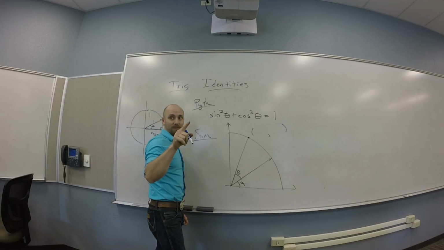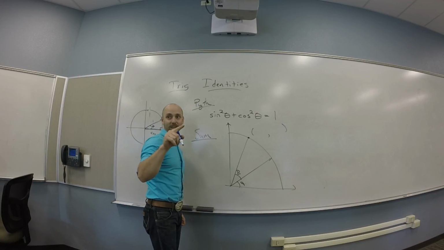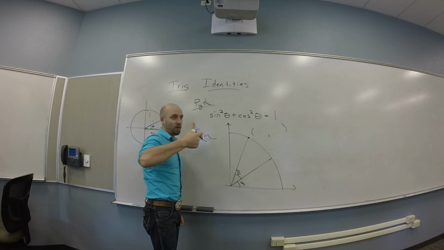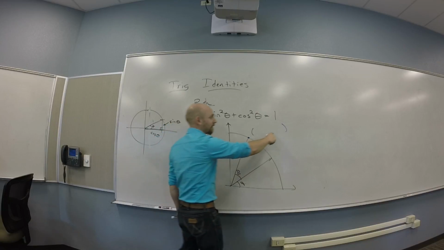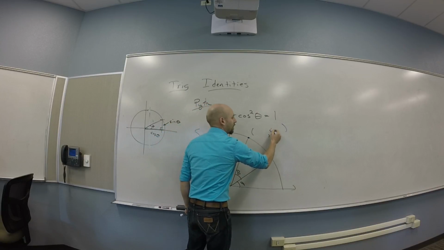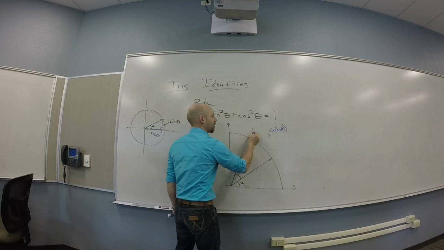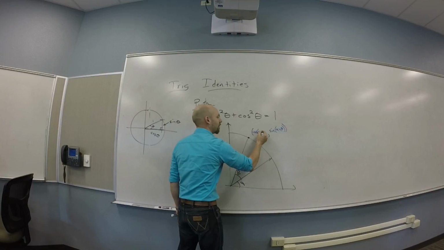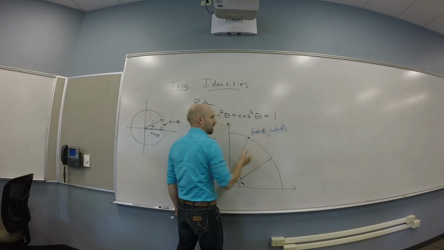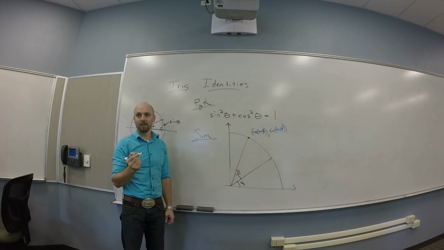So close. Sine is which side of this thing? Yeah, that's the vertical, so that goes in the y slot. So in the y slot, I have sine of alpha plus beta. And the other one should be cosine of alpha plus beta. You guys with me on that?